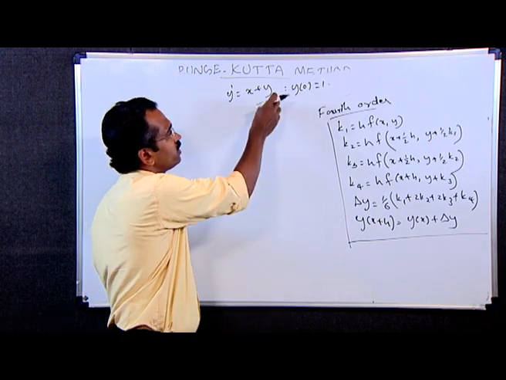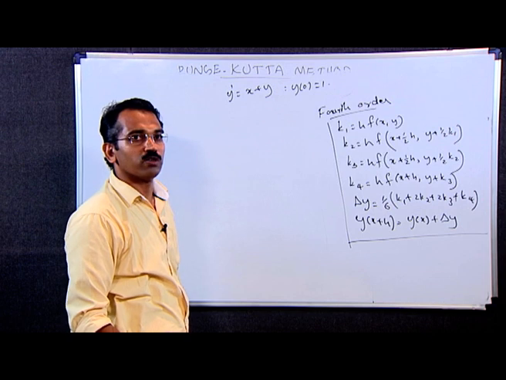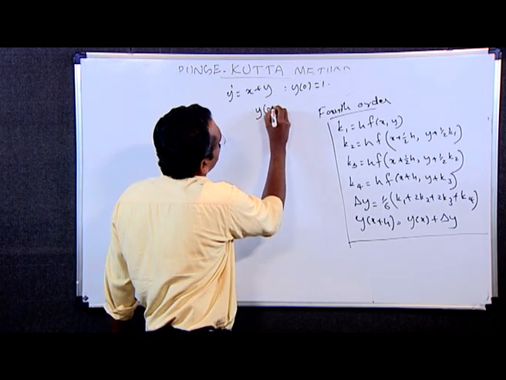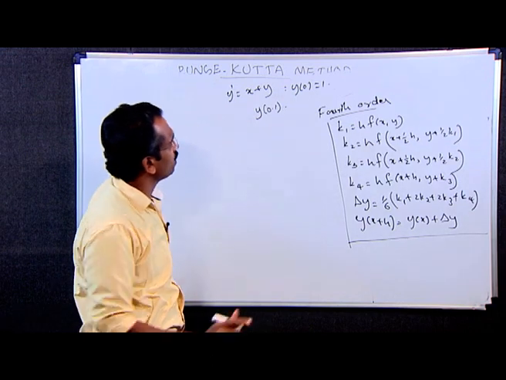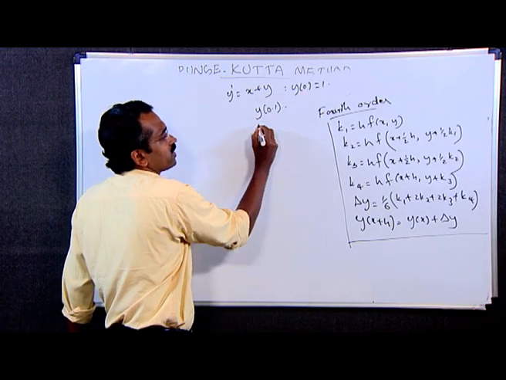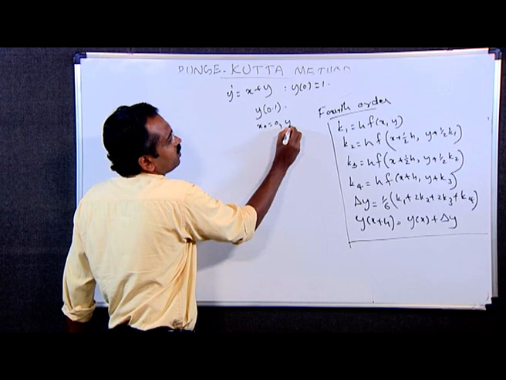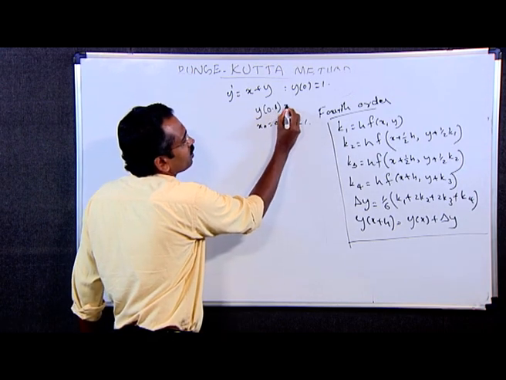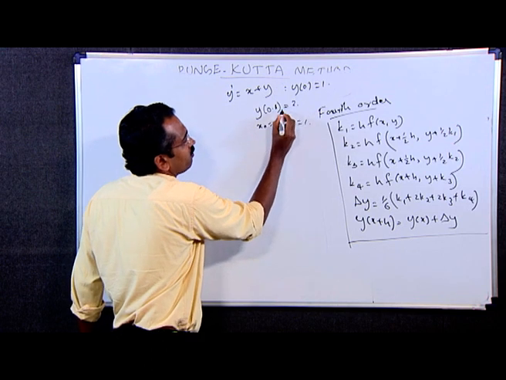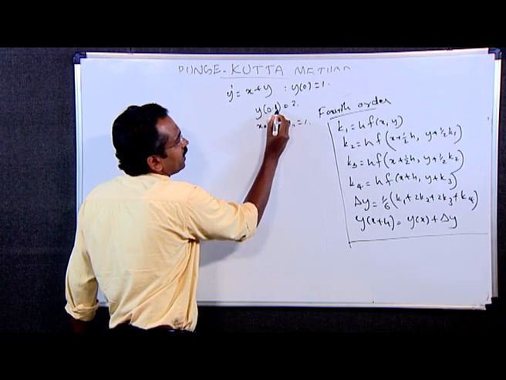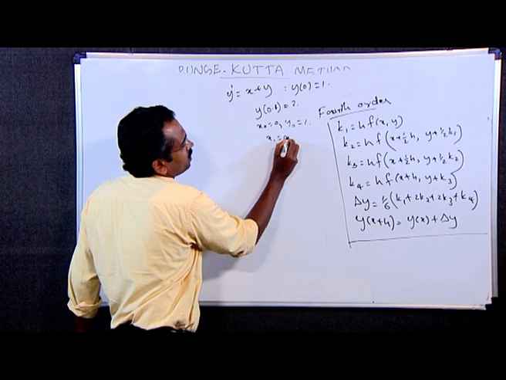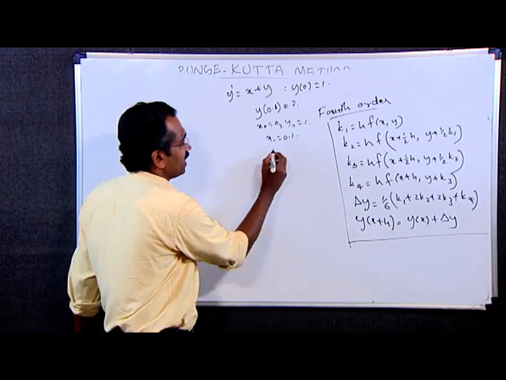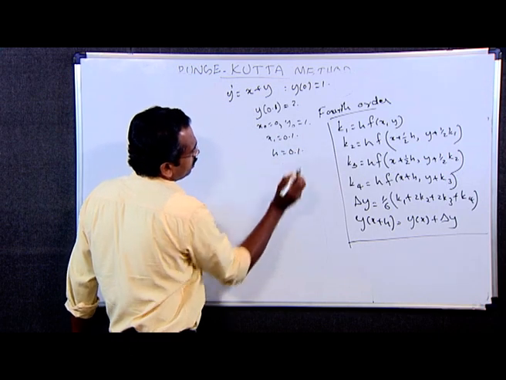We have to solve this differential equation to find the value of y of 0.1. Here x naught is taken as 0, y naught is 1. We want to find y of 0.1, means we can take x1 as 0.1. Here h is not mentioned, therefore we select h as 0.1.